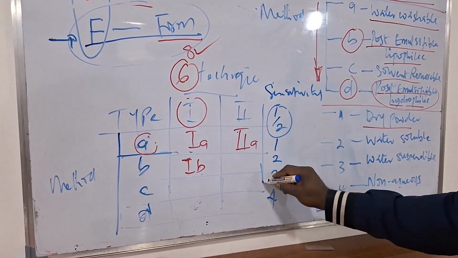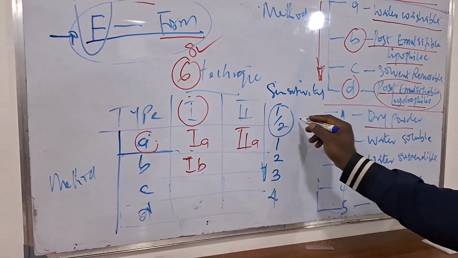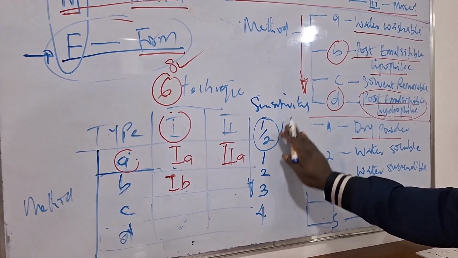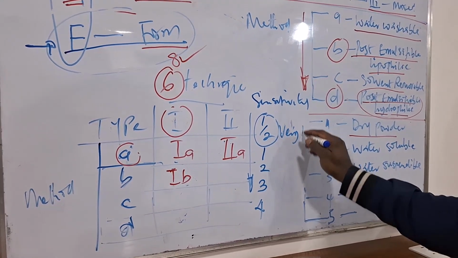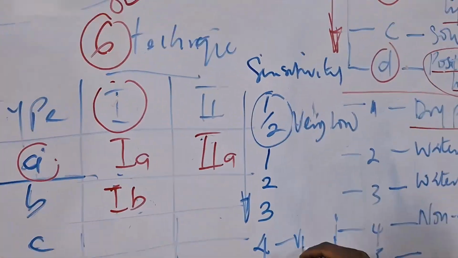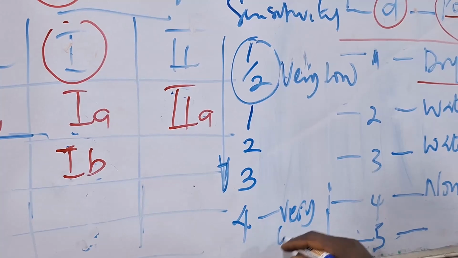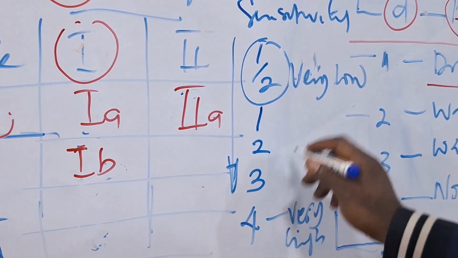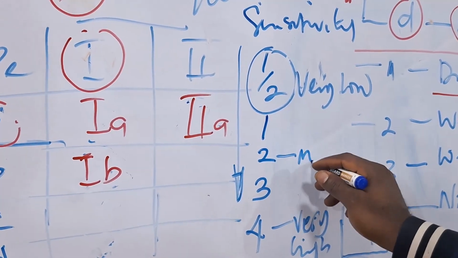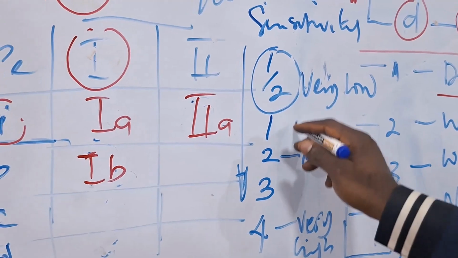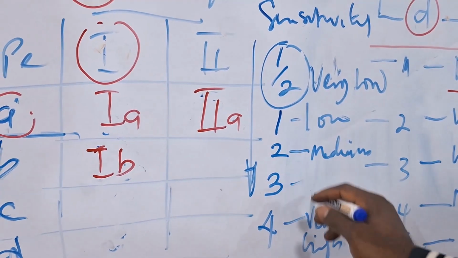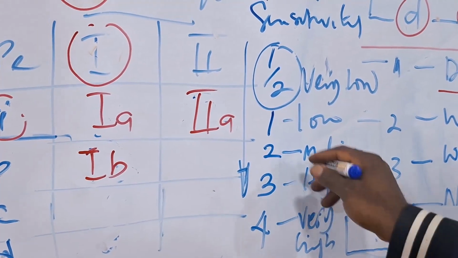As you go up, the sensitivity becomes higher. So half is very low, and 4 is very high. Of course, 1 is medium, and 2 becomes high.